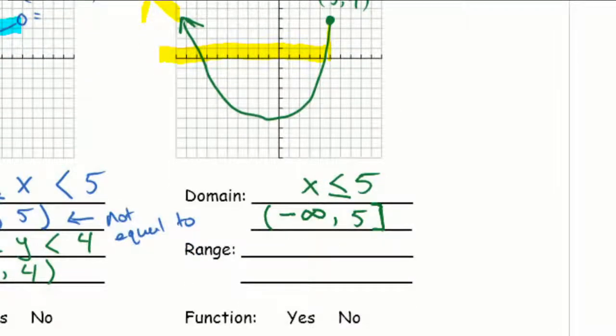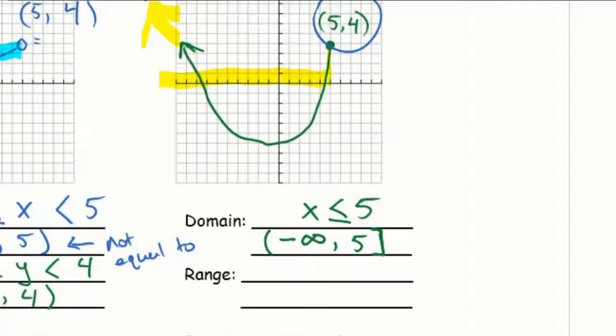My range is going to be my y values. Now this is maybe a little bit trickier, the y values of this graph, because I have this point 5, 4, but that has really nothing to do with my range.